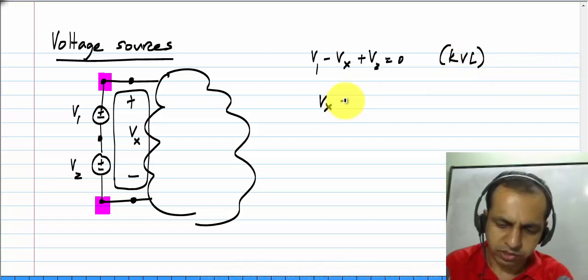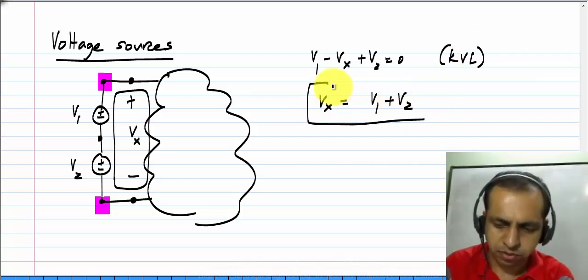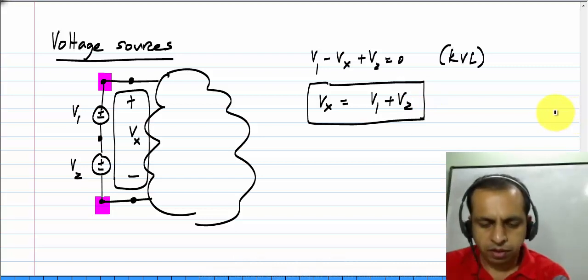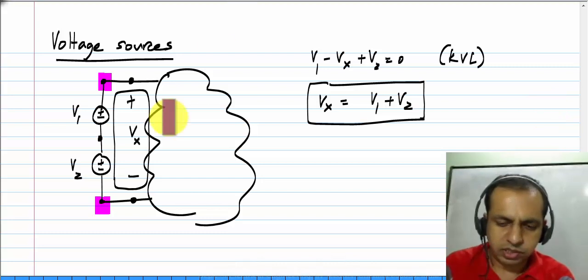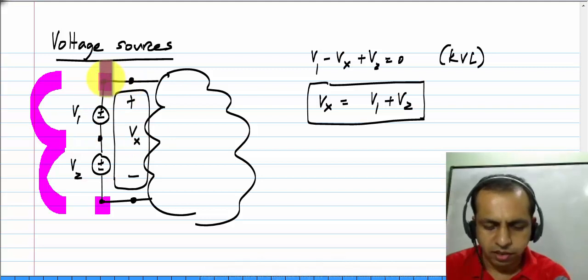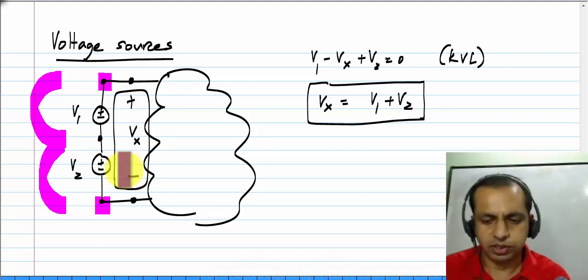So Vx has to be equal to V1 plus V2. So this is a very elementary use of Kirchhoff's voltage law. It says that if you have two voltages in series, the resulting voltage between this terminal and that terminal is the sum of the voltages.